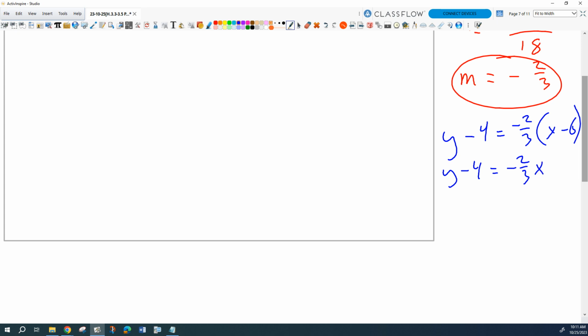Negative 2/3 x. What's negative 2/3 times negative 6? Plus 4. So I'm going to add another 4 to this side. Everybody agree, and I get y equals negative 2/3 x plus 8 is our line.